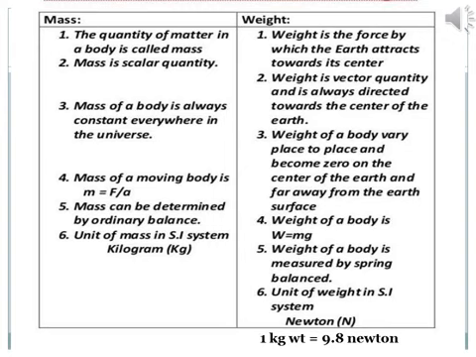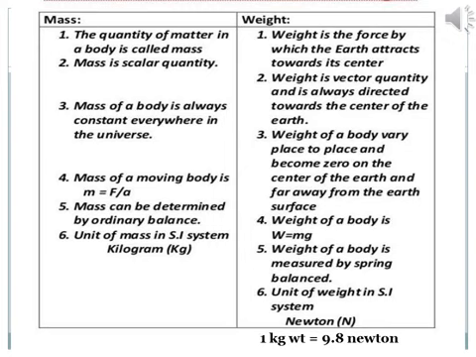Third point is, mass of a body is always constant everywhere in the universe, but weight of a body varies from place to place and becomes zero at the center of the earth. Fourth point is, mass of a body is m equal to F by g or F by a, but weight of a body W is equal to mg.